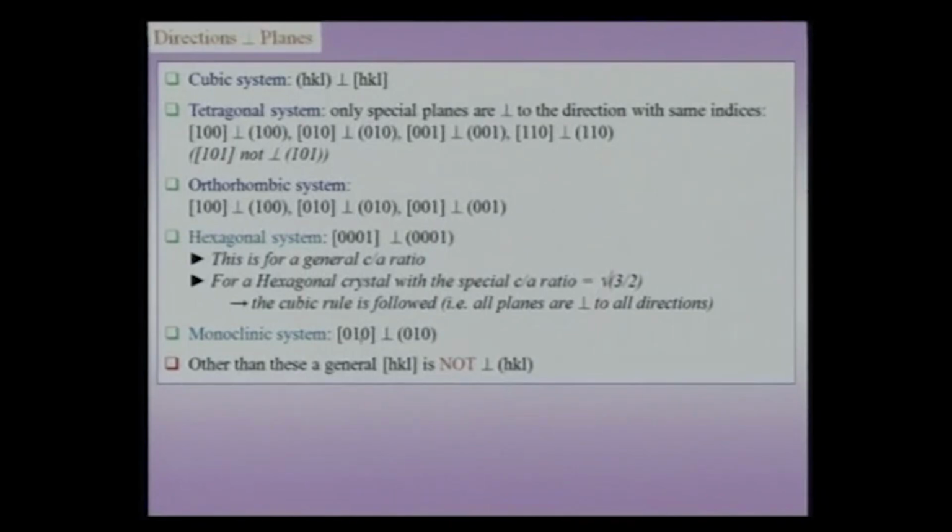In the monoclinic system, the 010 is perpendicular to the 010 plane, and as you go down to even lower symmetry ones, you note that in general you cannot assume that an HKL plane will be perpendicular to the HKL direction. This is in general true, except for exceptions, for instance the cubic, tetragonal, orthorhombic and hexagonal systems, wherein we identify certain planes which are perpendicular to certain directions.